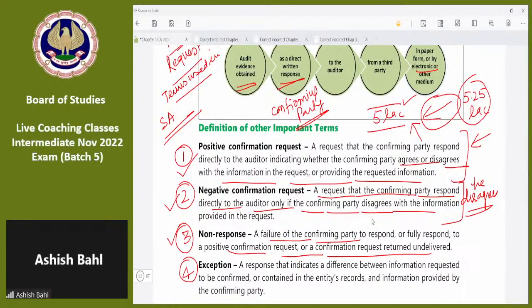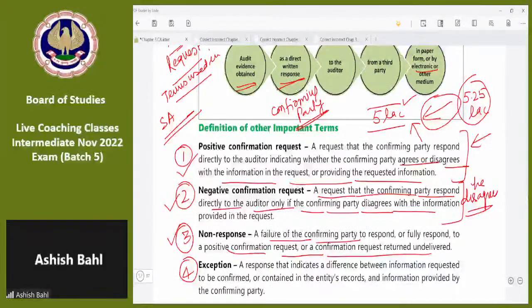He does not give us a response, or some letter I have sent to him for confirming in the form of a positive confirmation request has come back undelivered, with the remarks address not found. So this is non-response.